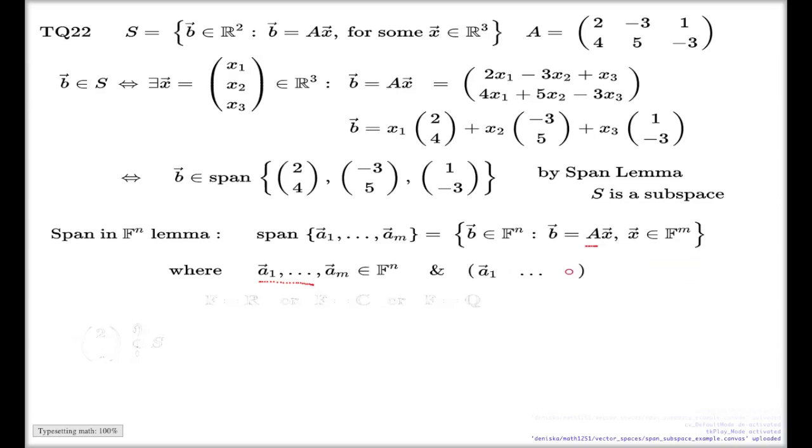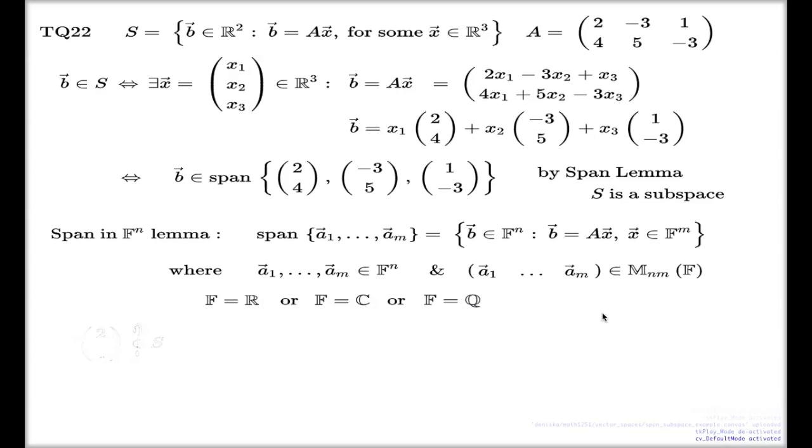Here it is. You see, it's a matrix of size N times M: N rows, N for Nicholas, M columns, M for Mary. And that is a matrix with coefficients from F. F is a field. F might be either real numbers or complex numbers, or sometimes it may even be rational numbers.